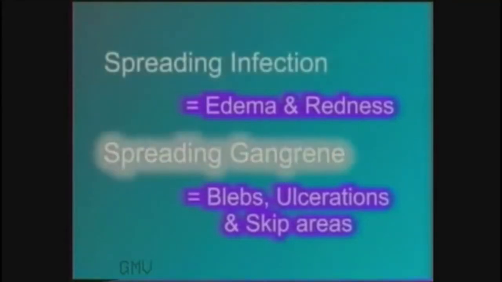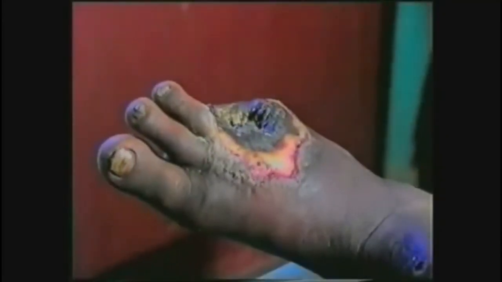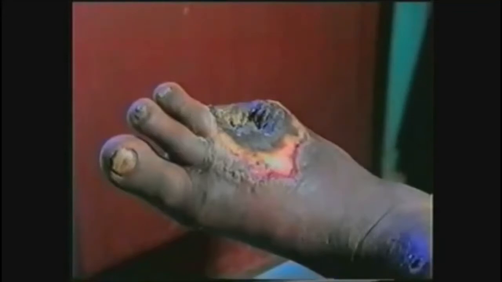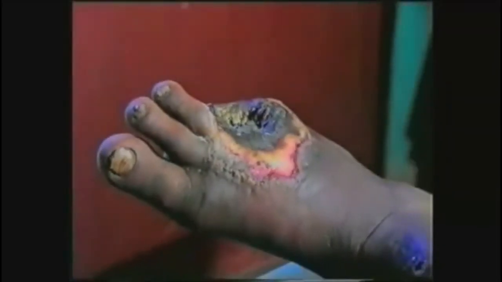The skin may show blebs, ulceration and black colored skip areas suggesting proximal spread of the gangrene. This bleb proximal to the gangrenous toe indicates a spreading gangrene. Redness, edema and slough around the site of amputation of a gangrenous toe indicate infection and wet spreading gangrene.